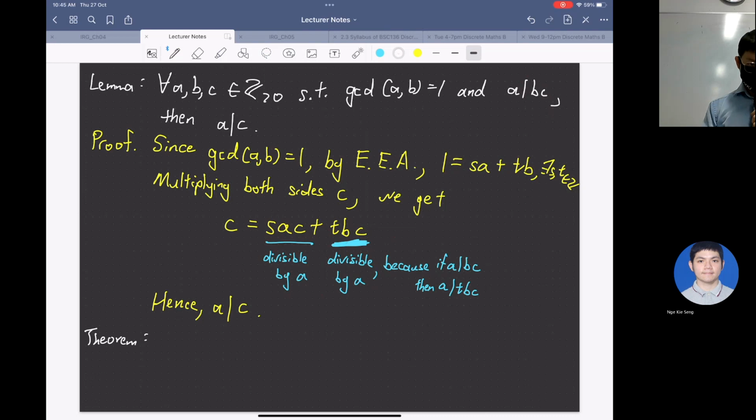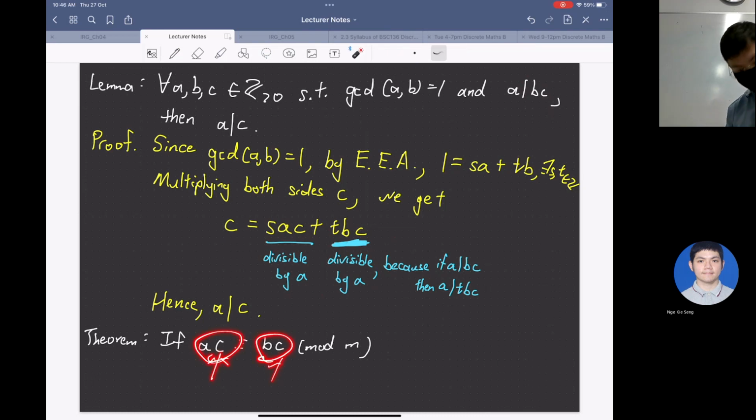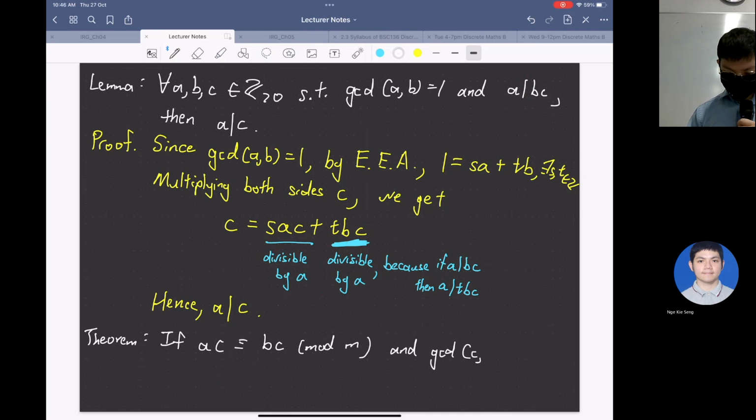So the theorem is: if AC is congruent to BC mod M, so you happen to know it's a product of A and C, and B and C, they contain the same factor, and the GCD of C and M is 1, where M is the modulus, then you can just cancel the C on both sides.